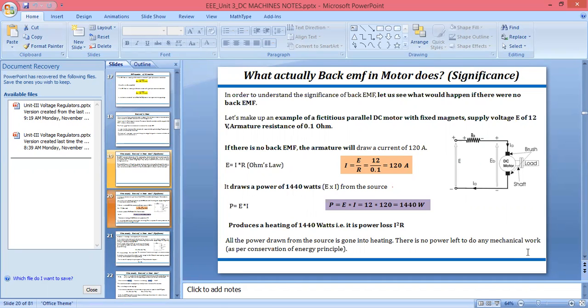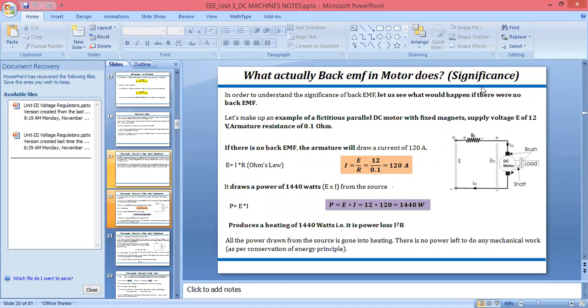As per that requirement, we need the back EMF. Because if there is no concept of back EMF in the DC motor, then when you give the power supply, all the power will go to heating, and no power will be left. So there is a need for back EMF.